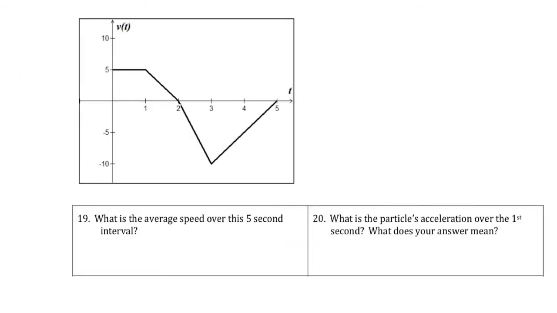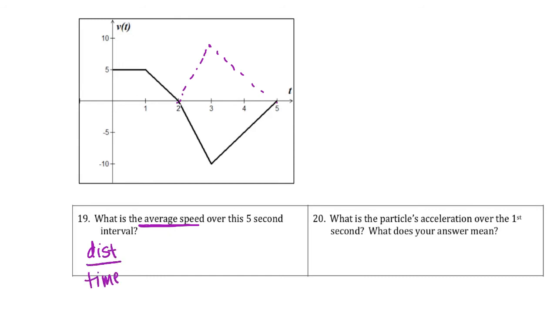Right, our next question is asking us for the average speed. Now remember, average speed, that's talking about the absolute value of the velocity. So really we're getting rid of the negatives. So speed, we're talking about our distance divided by our time.